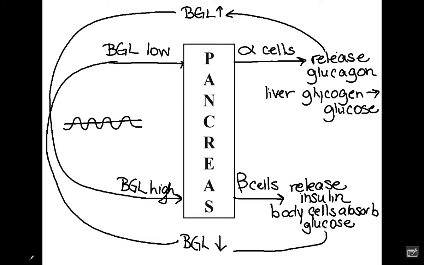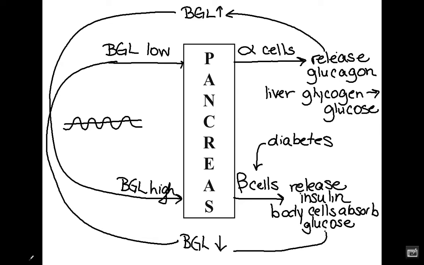Now you can see here where diabetes comes into play. Diabetes is a disease, a disturbance in homeostasis. If those beta cells are unable to produce insulin, or for whatever reason the body cells are not able to get the message, let's say there's something wrong with the insulin that's released, they don't receive that message, so they can't absorb the blood glucose.